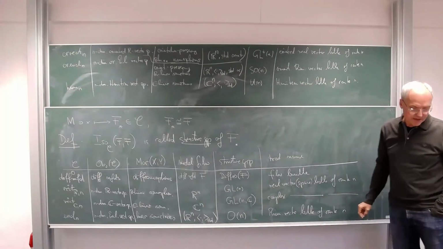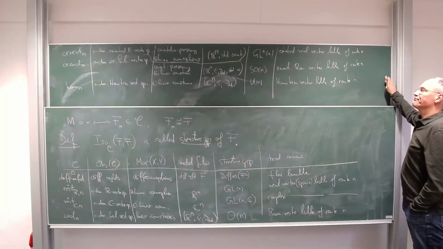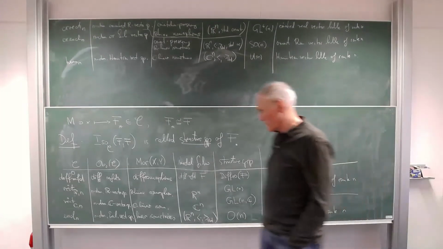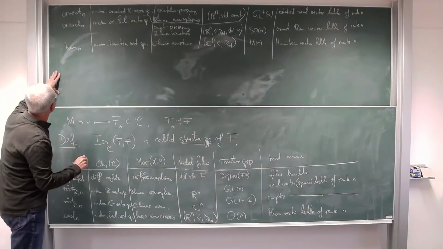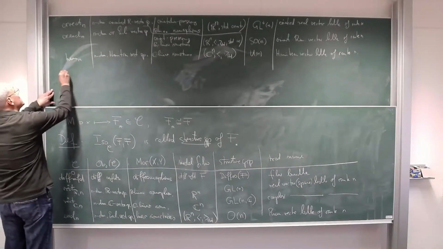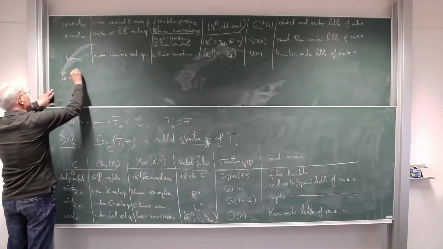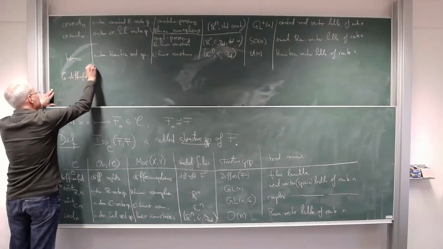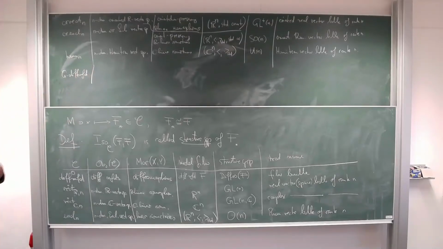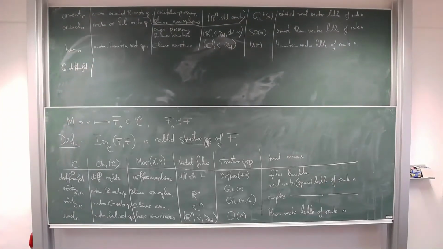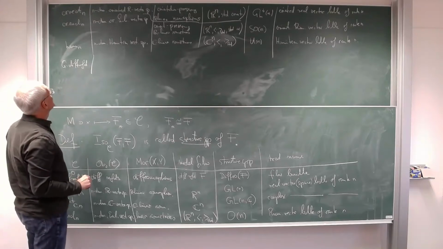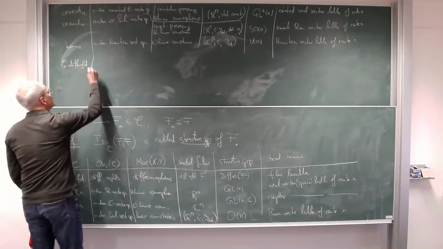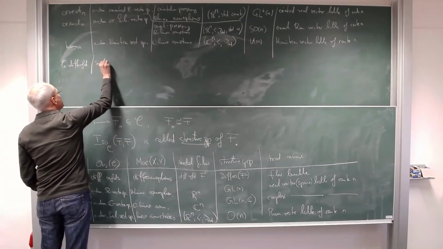Anything else? Yes, there's one more example. Namely, if we take simply transitive G-manifolds, where G is a Lie group, so the objects are simply transitive G-manifolds.